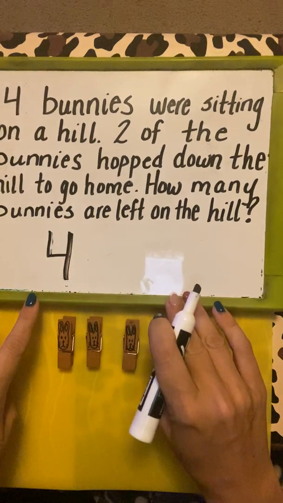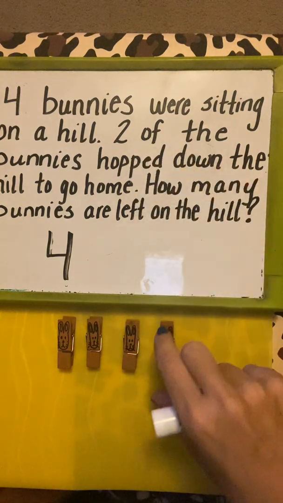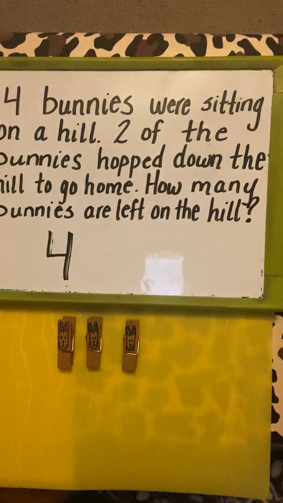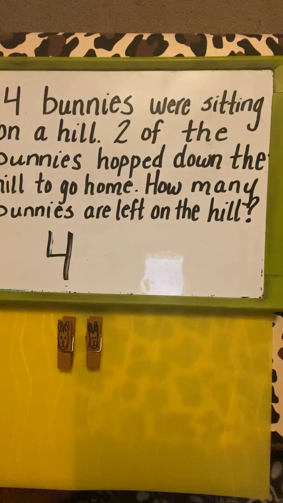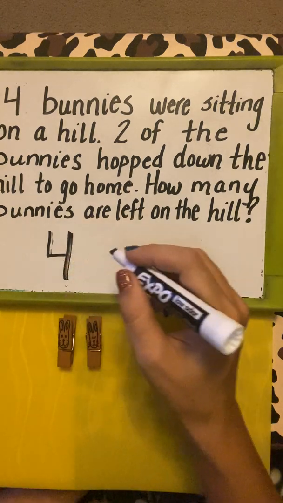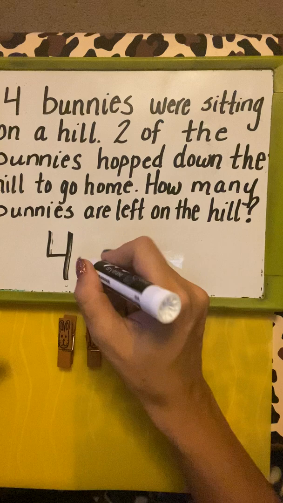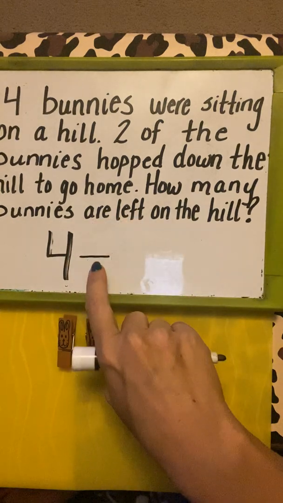Okay? And then we know that 2 of the bunnies hopped down the hill to go home. So there goes 1, 2. So if it's subtraction, do we need plus or minus? That's right, we need a minus. Okay? This is our minus sign, which minus, remember, means to take away.